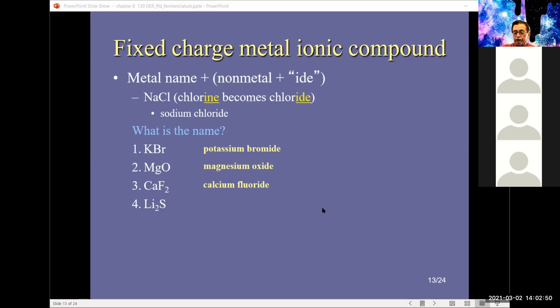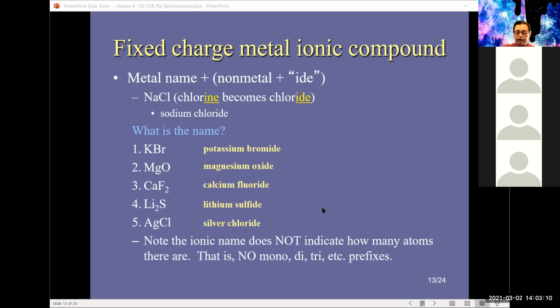Lithium, then we got sulfur. Okay, so sulfur becomes sulfide. Lithium sulfide. Silver, and again, chlorine becomes chloride, just like bromine became bromide. Now, okay, notice here we don't use Roman numerals again because all the metals in these examples were part of the 16. They're not variable oxidation numbers, okay?